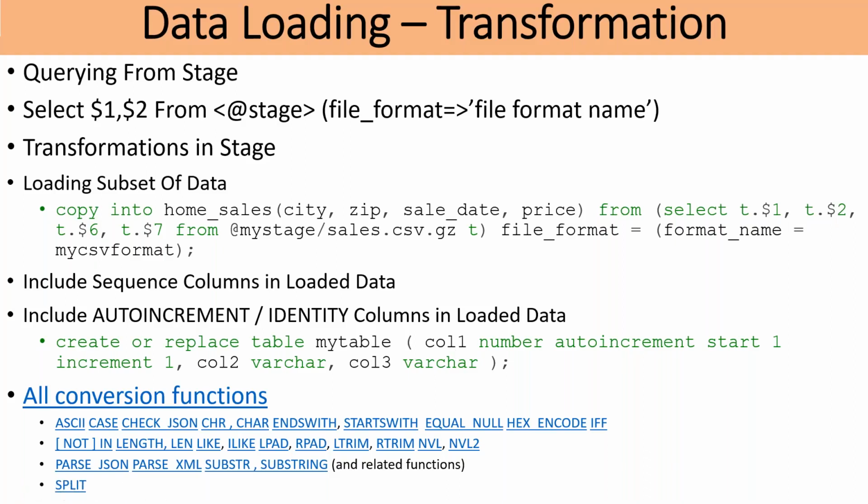And the functions that can be used in the transformation are: substring, XML, JSON, parse, length, ltrim, lpad, lower of, split. All these functions can be used in the transformation of your SQL.